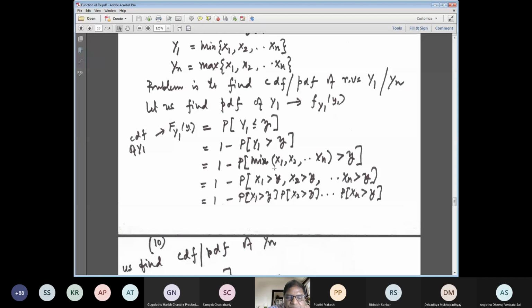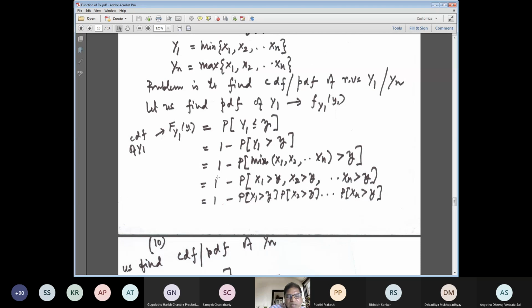If the minimum is greater than y, a certain number, what does this imply? It means X1 is greater than y, X2 is greater than y, Xn is greater than y. Whatever you take the minimum of, if that number is greater than y, then all other numbers will also be greater than y.